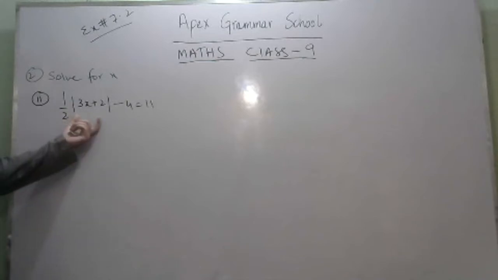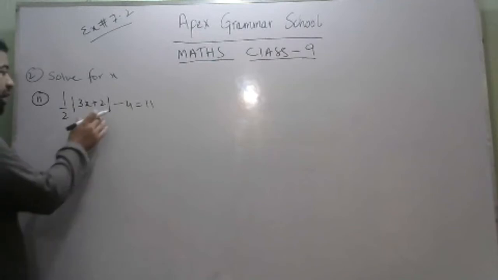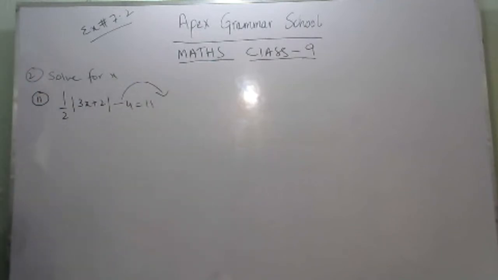We can't break this mod sign, this absolute value, because this must be independent. This is not independent now because something is affecting and dividing it. So we need to make it independent by moving these things towards the right hand side.